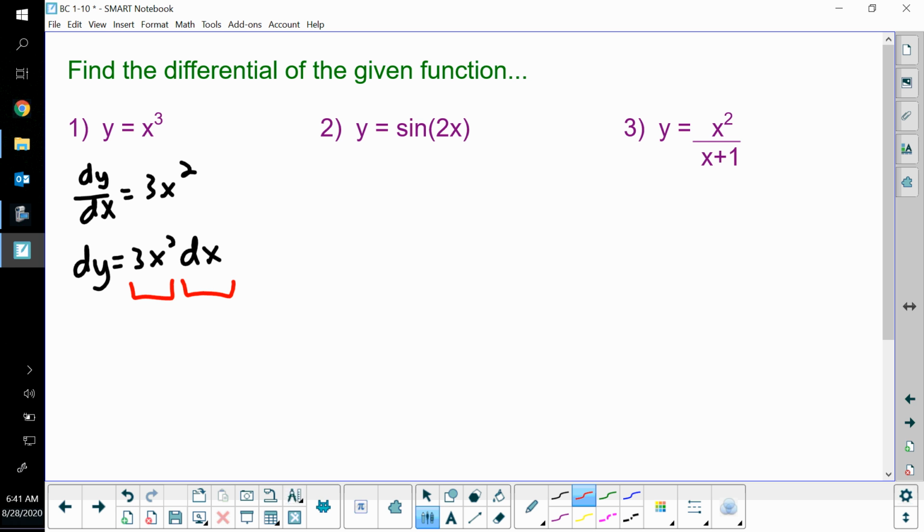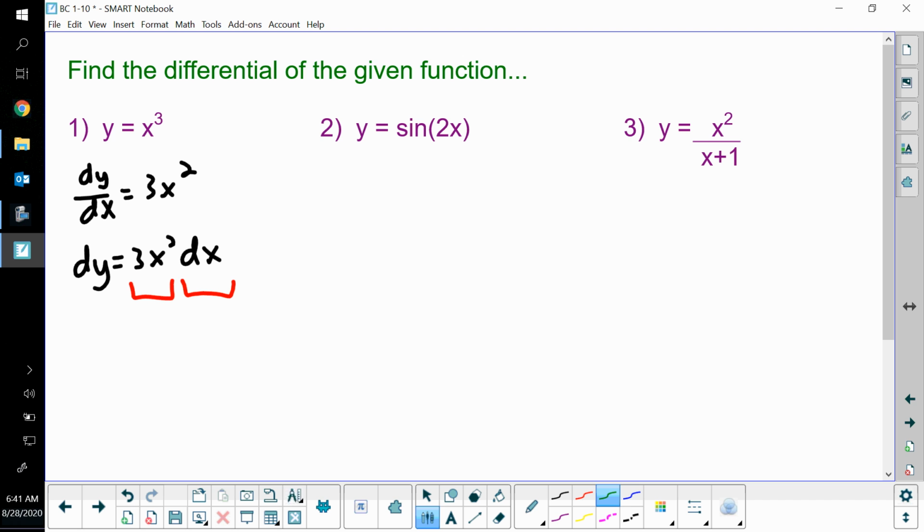Well, think back to what a derivative of a function is. The derivative of a function is the slope of a tangent line. And in most cases, the slope of your tangent line is dependent on what x value you're at on the function. So our little bit of change in y is dependent on how much we changed in the x, but also what the slope of the tangent line is at that specific x value.